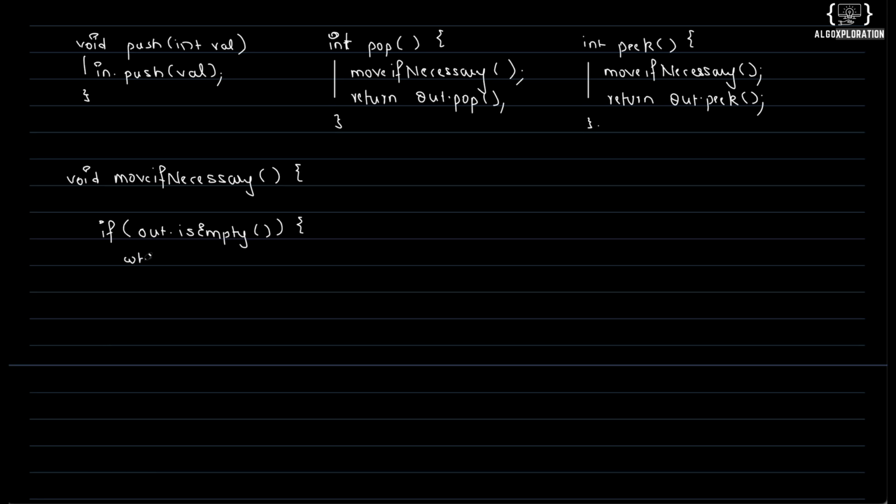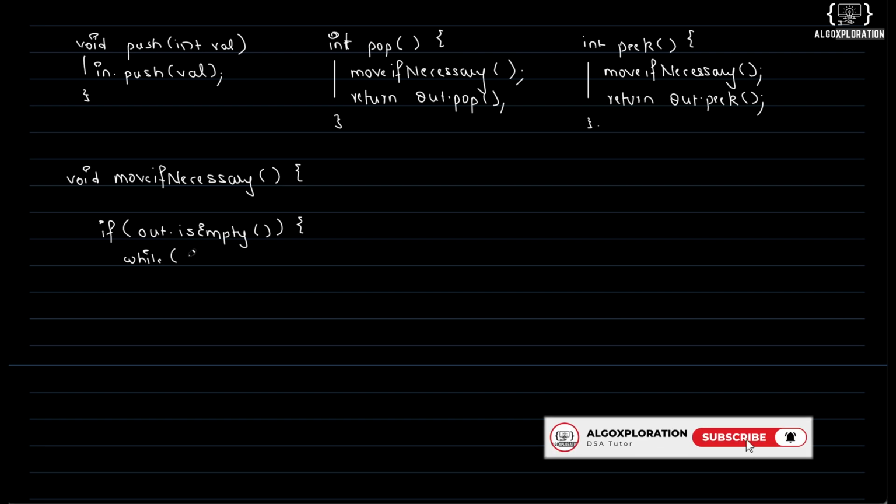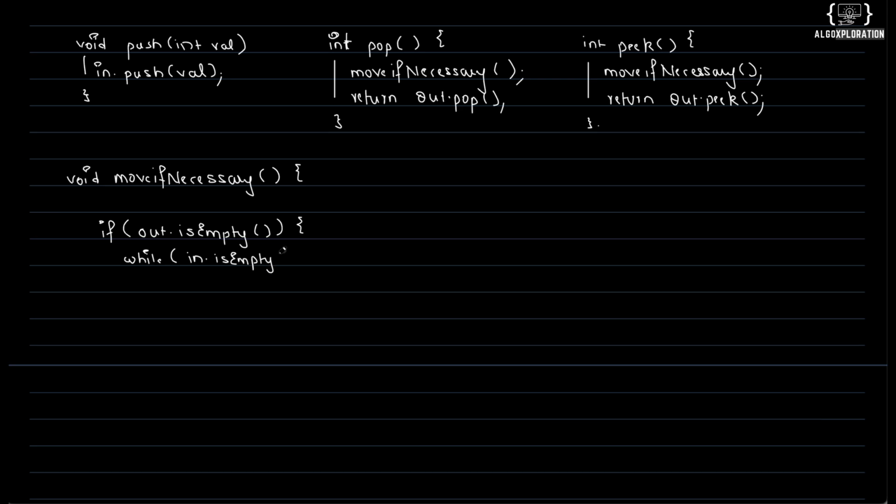So while in dot is empty, and here I need to put a not. Unless and until it is not empty, it will pop all the elements and push them in the out stack. So out dot push, in the brackets in dot pop. That's it. We are done for this function.